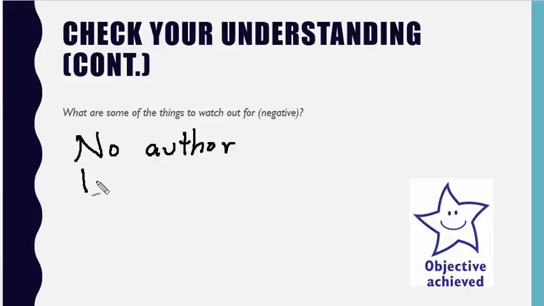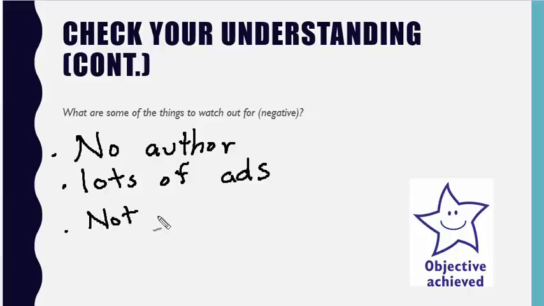So also lots of what? Lots of ads. That's right, that's also no good. And the next one was not well designed. That's right, designed. Broken links and stuff like that.